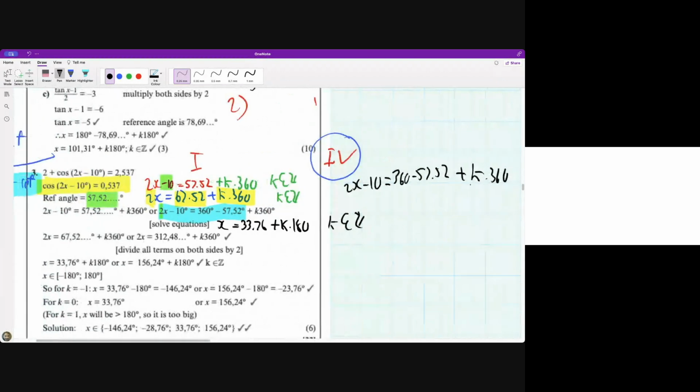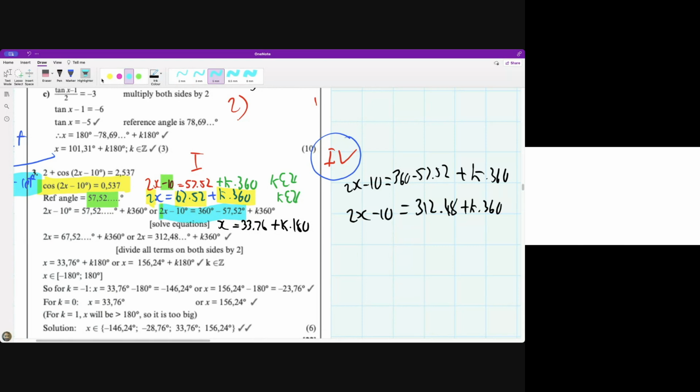This is a tough question, so if you're freaking out a little bit, I don't mind. Now, 2x minus 10 equals, what's that going to be equal to? Well, that's going to be equal to 312.48 plus k times 360. Give me a thumbs up if you can get to that point.